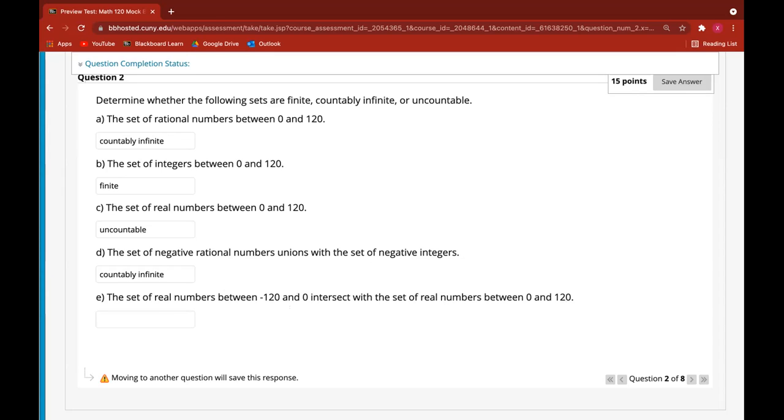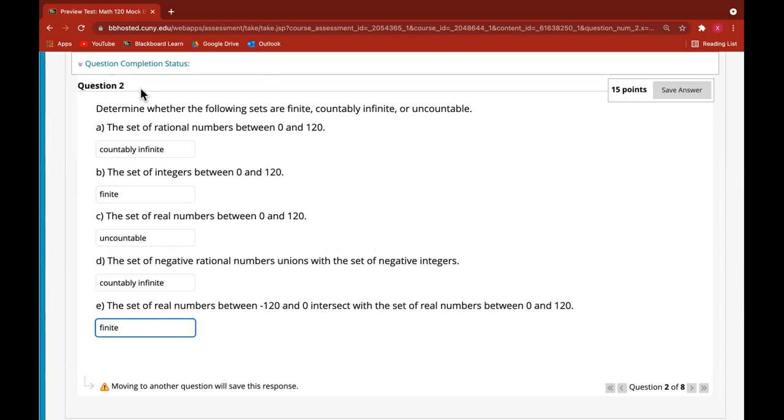Okay, people say finite. The only intersection is 0, because one set goes from 0 down to negative 120, and the other goes from 0 to positive 120. So we are looking at the intersection of these two sets, and the only element they have in common is 0. So we know this set is finite. Any questions here?